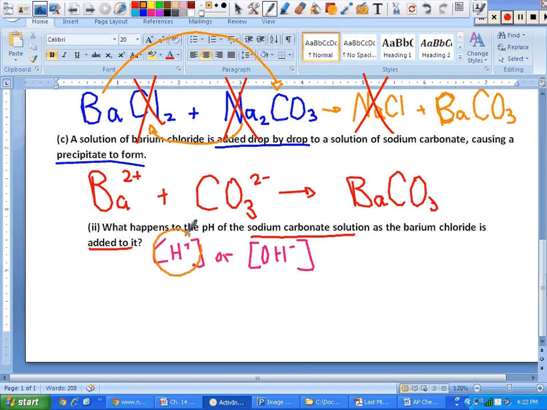So you're just looking at numbers. But here's the deal. That's the question. How in the world is sodium carbonate and barium chloride associated with a base? Or an acid. Let me think of how it is.